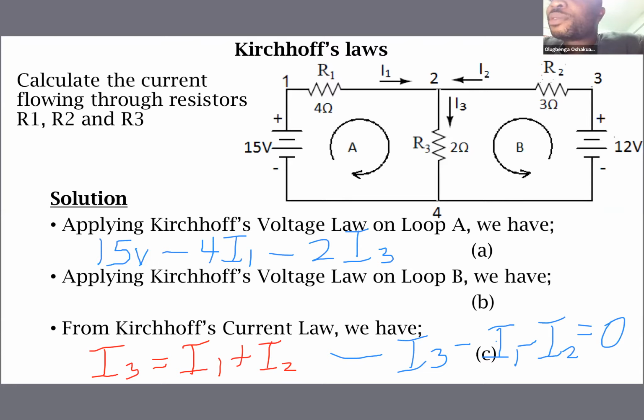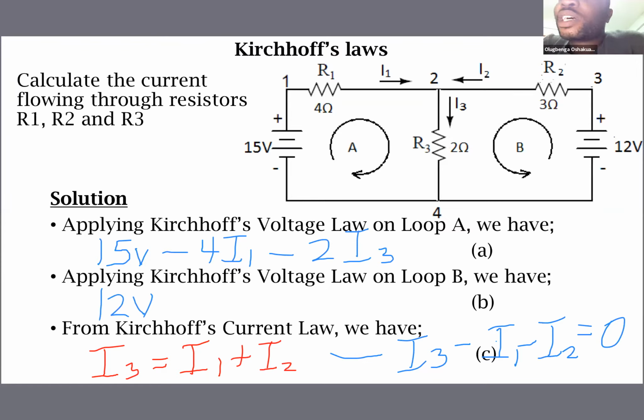Then coming to loop B, we have chosen to travel in this direction, in the anti-clockwise direction. And looking at this 12 volts battery, that will oppose the direction of current flow. Okay, sorry, it agrees with current flow. We expect current to flow out of the 12 volts battery in this direction, which agrees with the direction of our loop B. So similarly, we can have 12 volts.